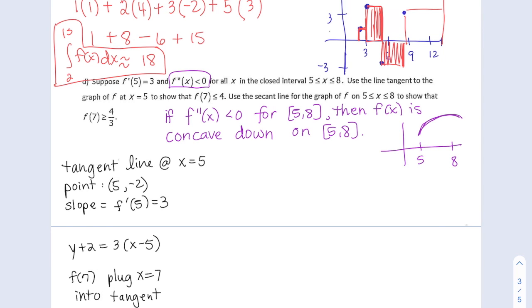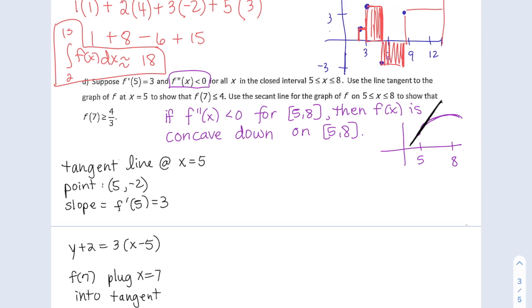Since this is a concave down situation, if I draw a tangent line here in my picture, the tangent line of a concave down function is always above the function. So because of the concavity and the fact that our tangent line says it equals 4, it's got to by default be less than 4.